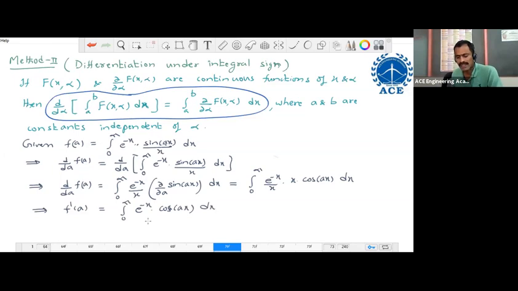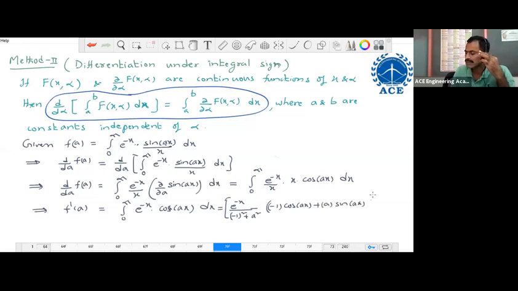Now this is directly integrable, because we have a standard formula for this. This is equal to e power minus x divided by minus 1 square plus a square, into minus 1 into cos ax plus a into sine ax, from 0 to infinity.